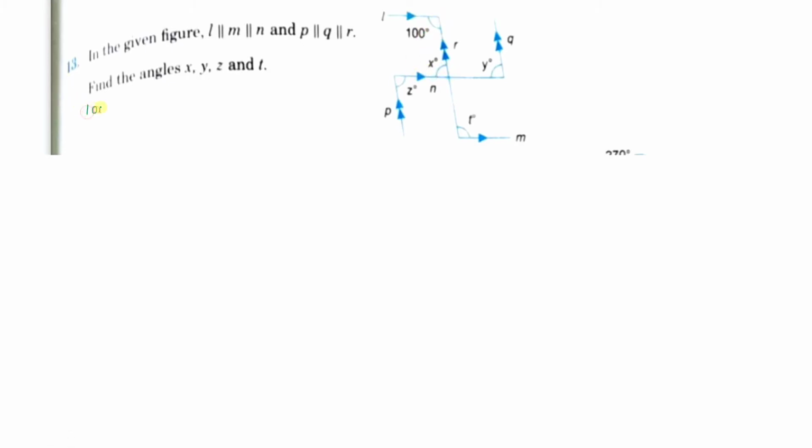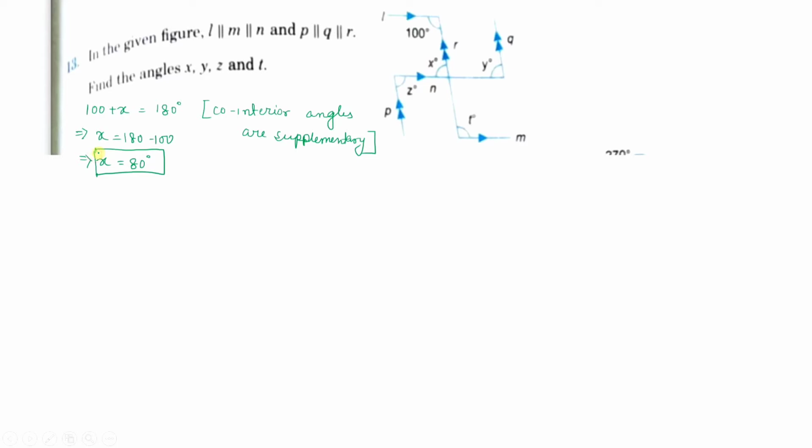So 100 plus x equals 180 degrees. The reason will be co-interior angles are supplementary. So from here find out the value of x, that is 180 minus 100, x is 80 degrees.